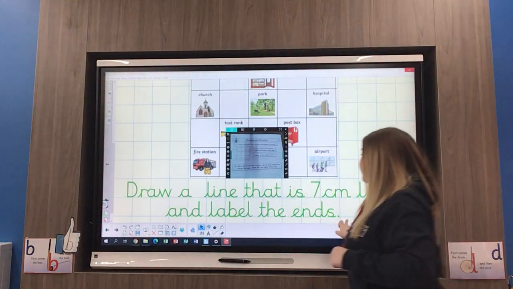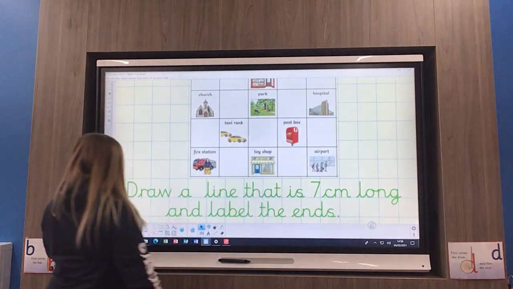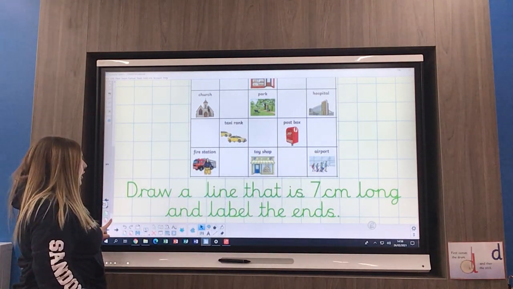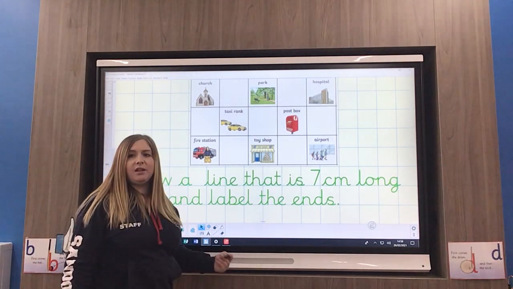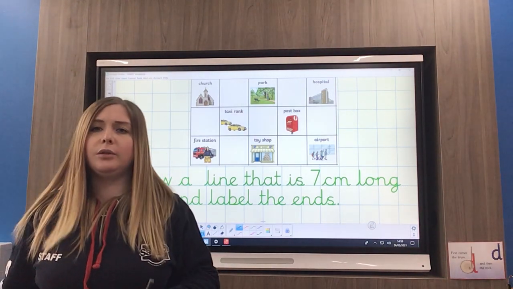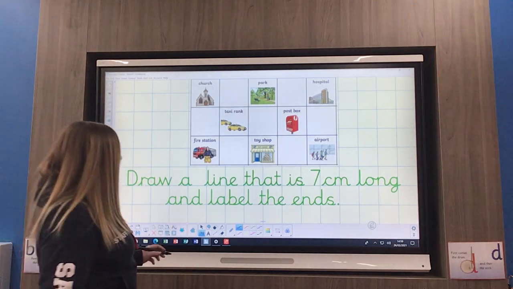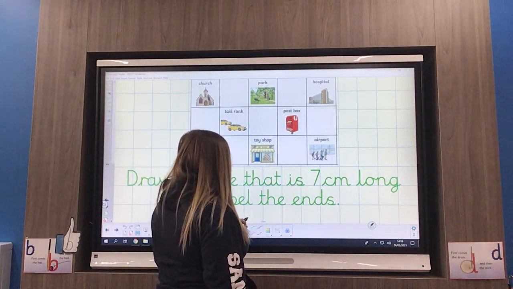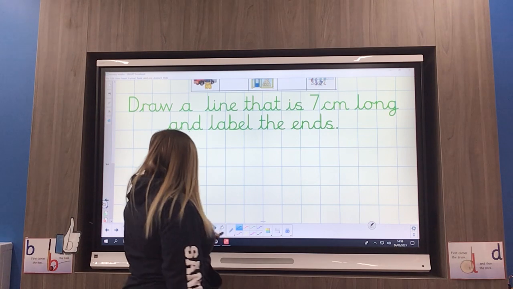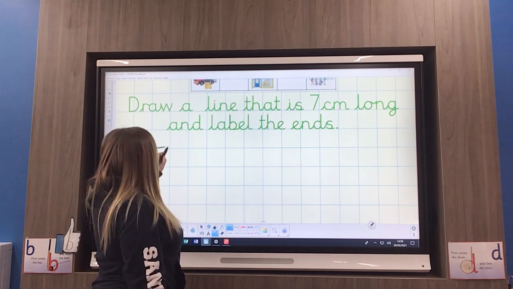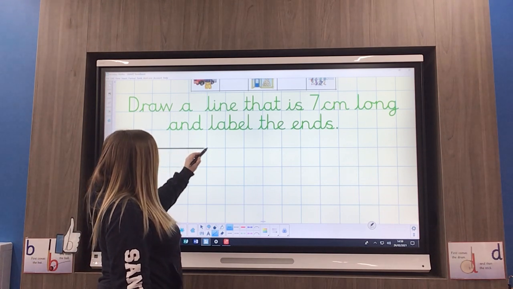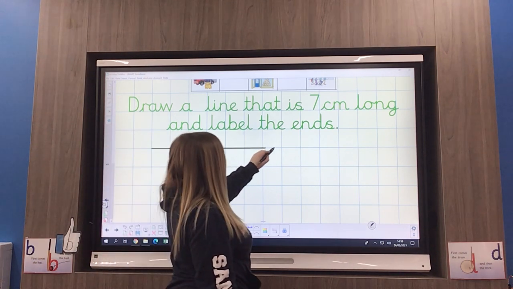And then your next question is asking you to draw a line that is 7 centimetres long, and then to label it. So I'm going to have a go. Okay, so I know that each box is a centimetre, so 1, 2, 3, 4, 5, 6, 7.